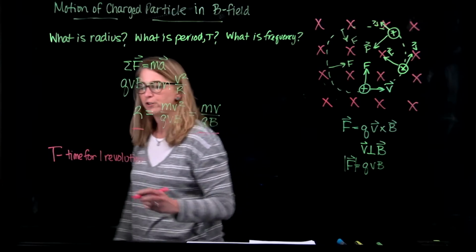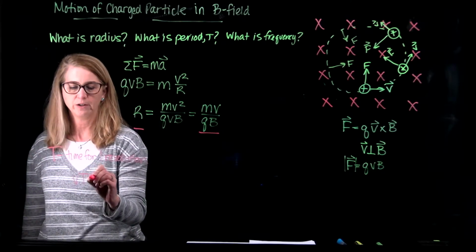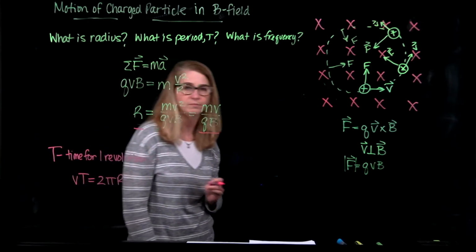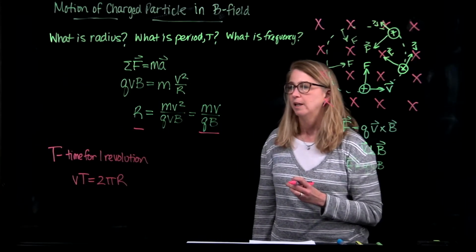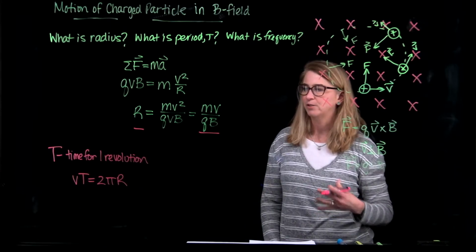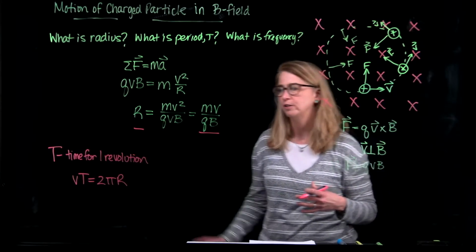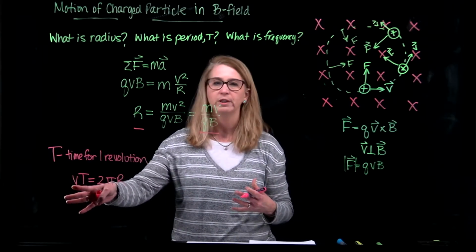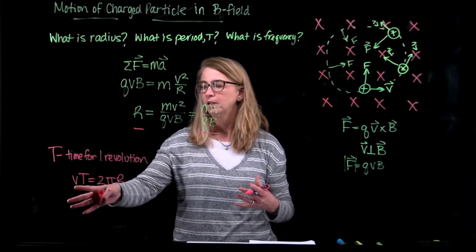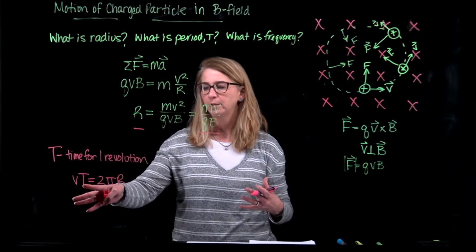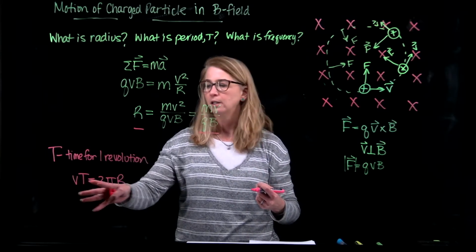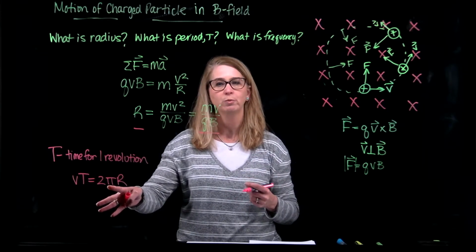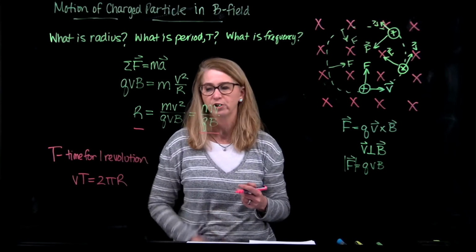So for that, I just use velocity times period is equal to 2 pi r, right? And I just found r, and so if I solve this expression for T, which what I've done is this is simply rate times time equals distance. If I take the speed times one period, the distance it will go is the circumference of the circle, which is 2 pi r. So that's where I got this expression.